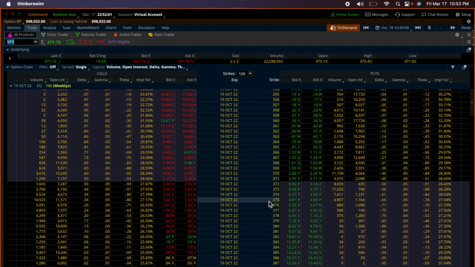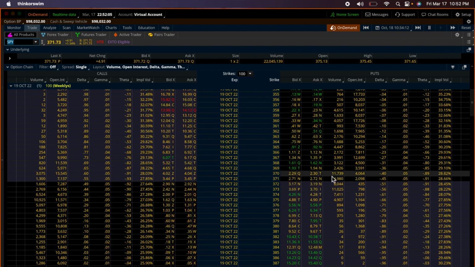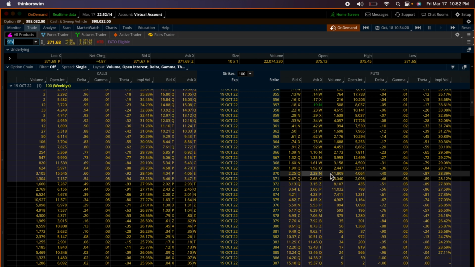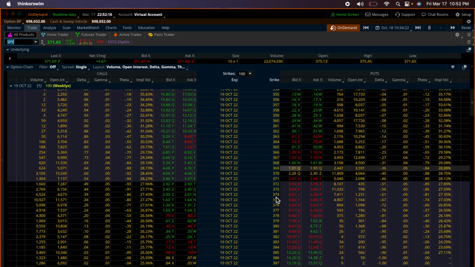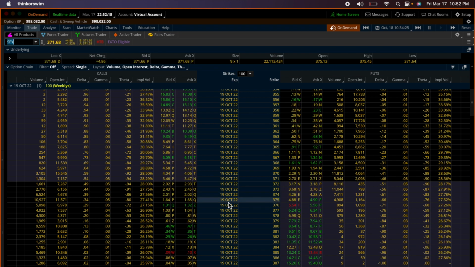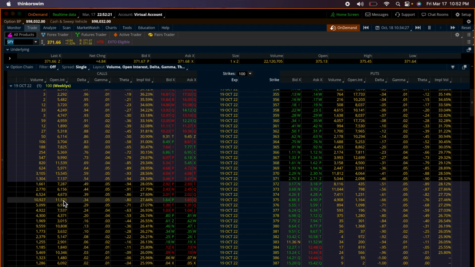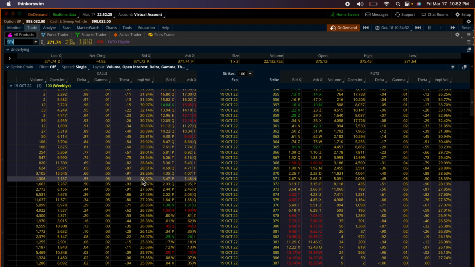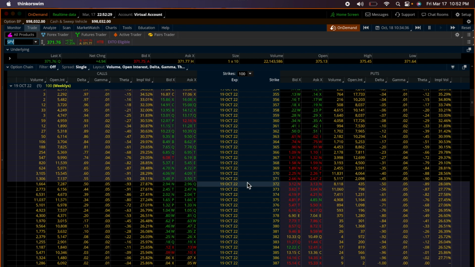You might, in some cases, be better off trading that contract because the volume and the open interest is what creates an ease of buying or selling. When a lot of people are trading the same contract, when you click buy and when you click sell, you are very, very likely to get filled and to either get in or out of a contract as quickly as you would like to.